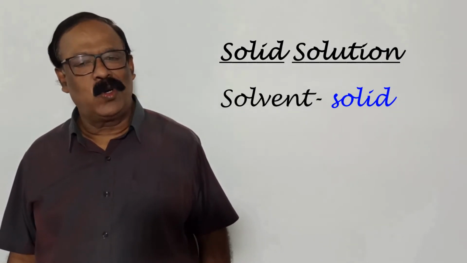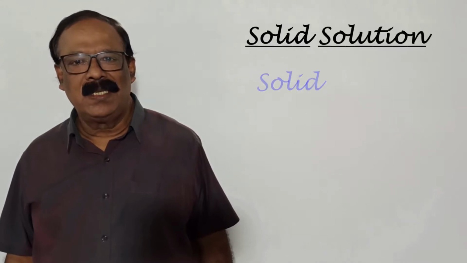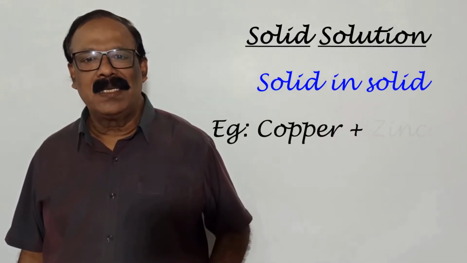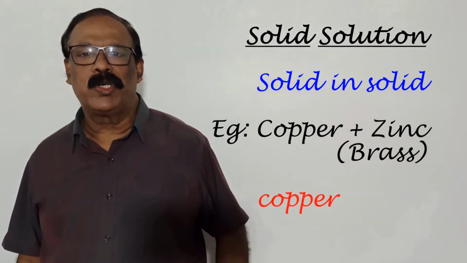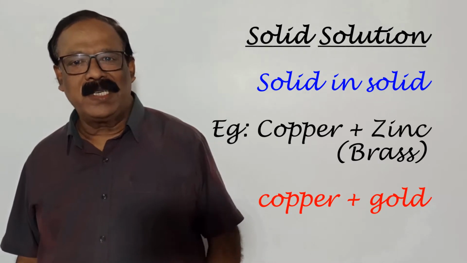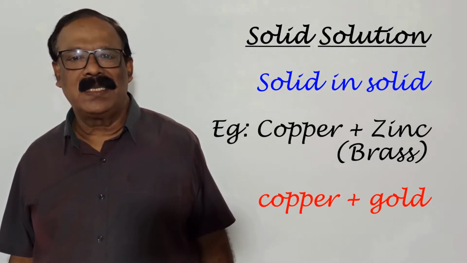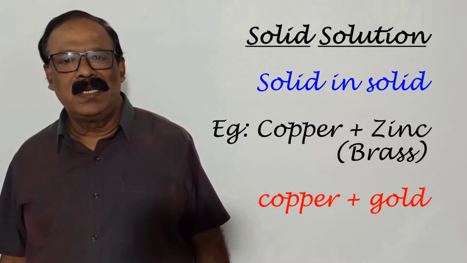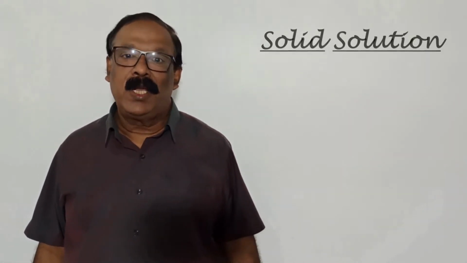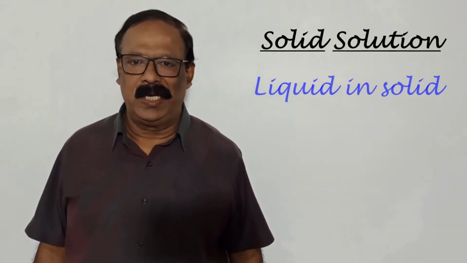Some solids are soluble in solids. Examples are brass, which is a solid solution of copper and zinc. 916 gold contains gold and copper. Liquids are also soluble in solids.